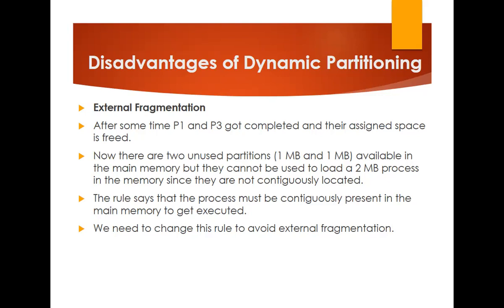Did you understand what happened? If there is one process between two empty spaces, because they are not contiguous, I can't arrange 2 megabytes of space. So I can put one and one other processes. But if they are contiguous, we can take one by one, we add them.